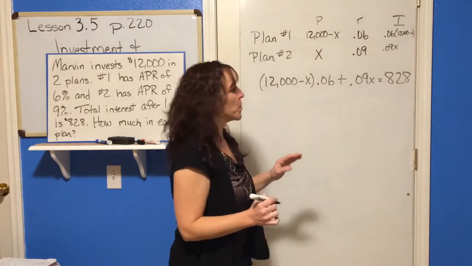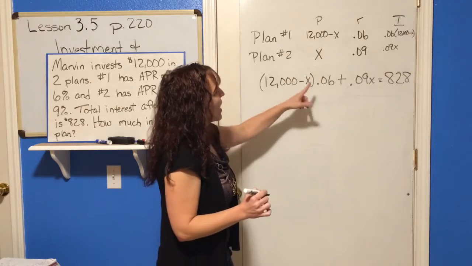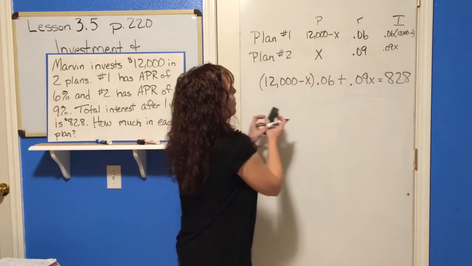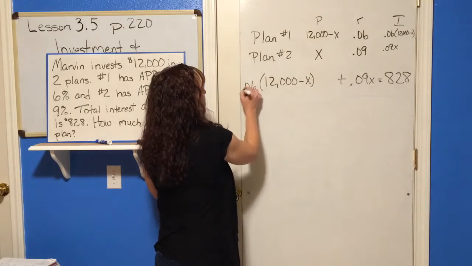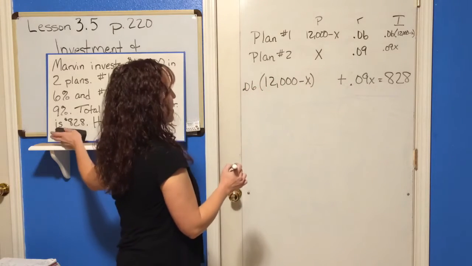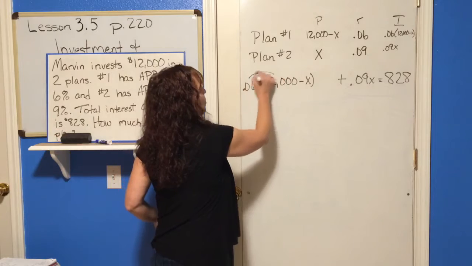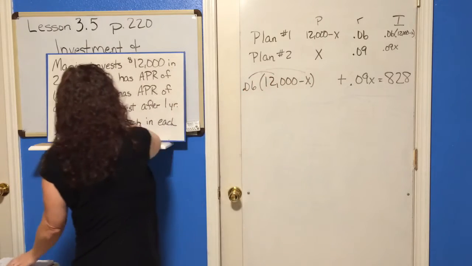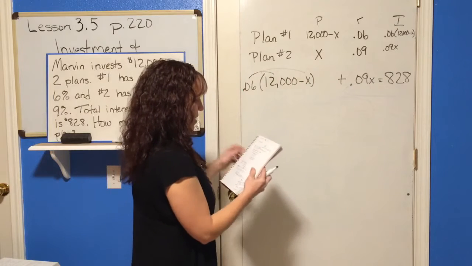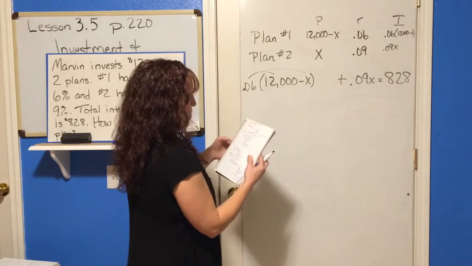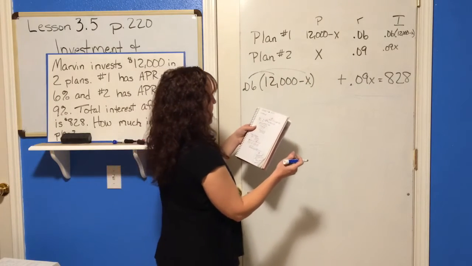Now, I have it written differently up there because it's easier if we have the monomial out front, because now we can multiply through. When we multiply through, it's 720.